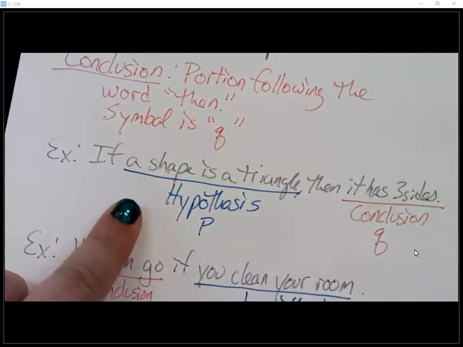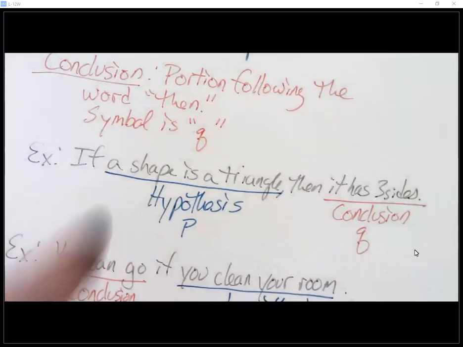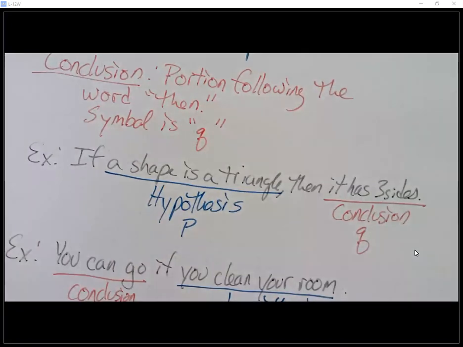If I swap that sentence around and said, if a shape has 3 sides, then it is a triangle, that's a new statement now, and it may be true, it may be false. Actually, let me do one with cities. If you live in Boston, then you live in Massachusetts. True statement, right? If I swapped it around, if you live in Massachusetts, then you live in Boston, not true anymore, right?